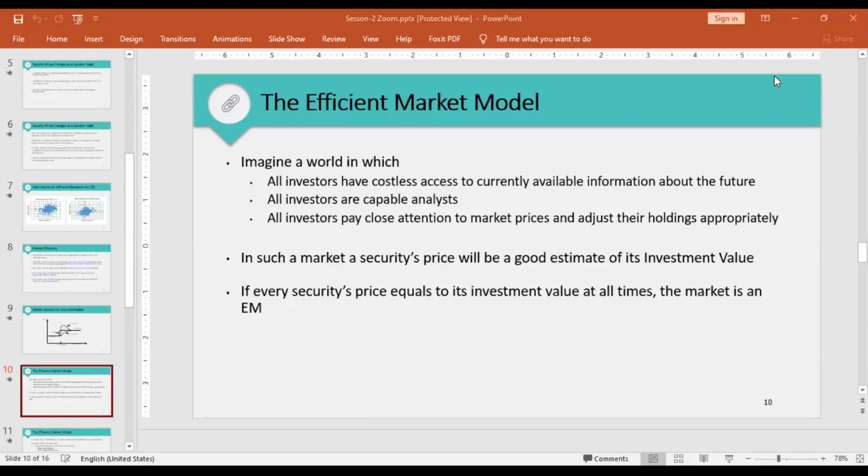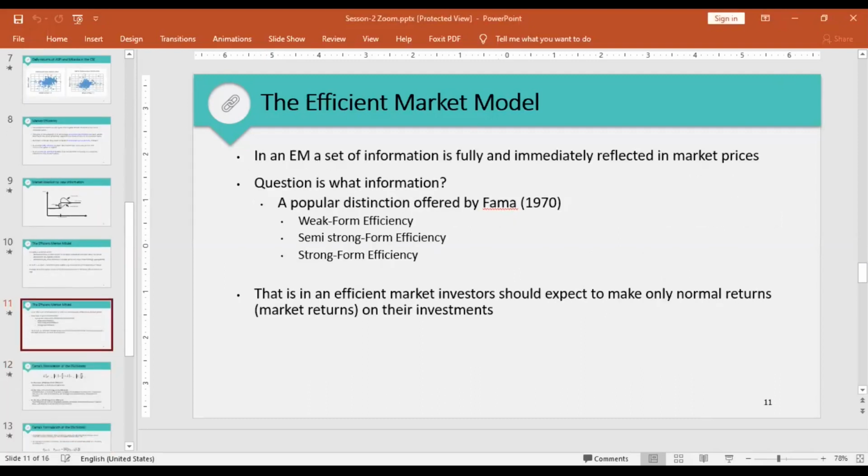So in that sense, Fama has presented three types of efficient market hypotheses. These are called weak form efficiency, semi-strong form efficiency, and strong form efficiency.